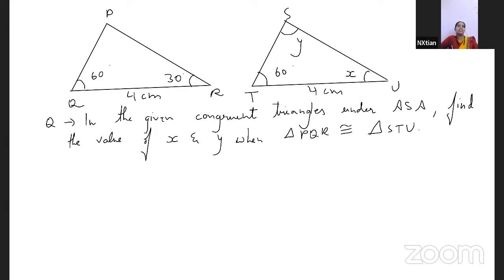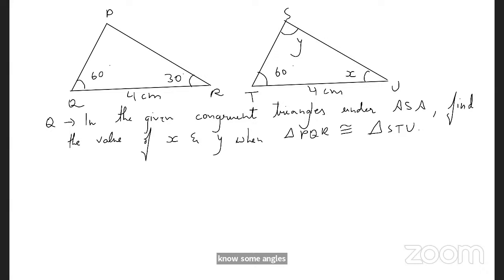So questions such as these can also be asked, where you will be told that these triangles are congruent. What you will have to find is the measure of the angles. So when they are congruent, if you know some angles, other angles also you can identify. So let's try this. Angle Q and angle T are equal, that we are given.